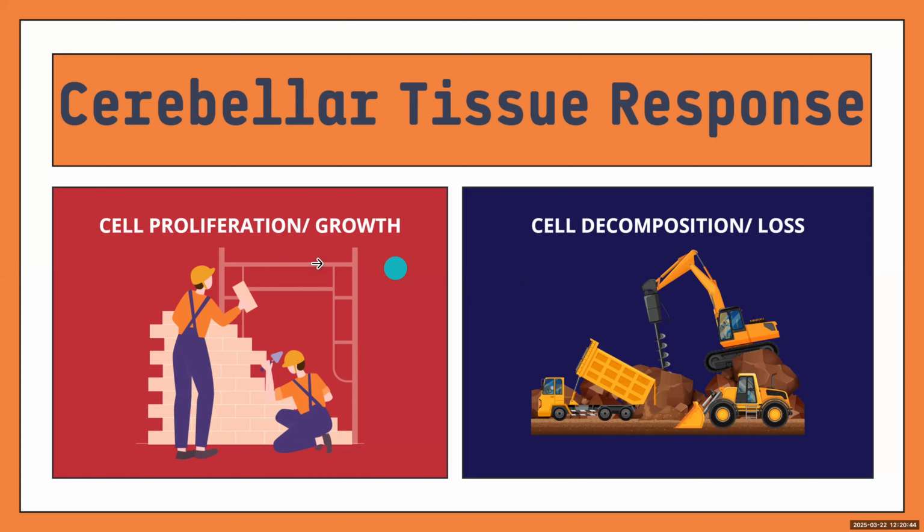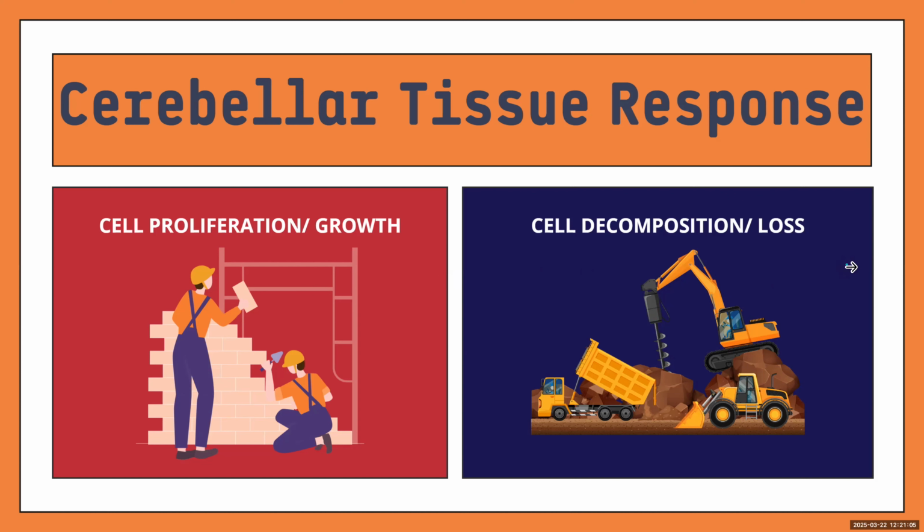Because I could not reproduce their conflict active and healing phase. So this is conflict active, wherein the tissue response is cell proliferation or cell growth in general. And for healing phase, the tissue response is cell loss or decomposition.